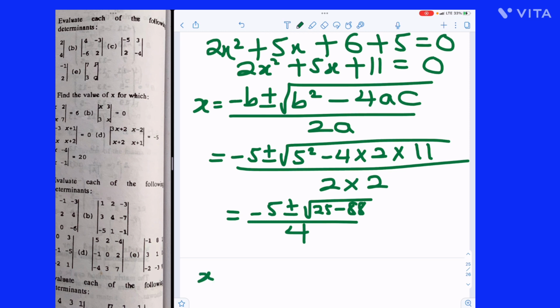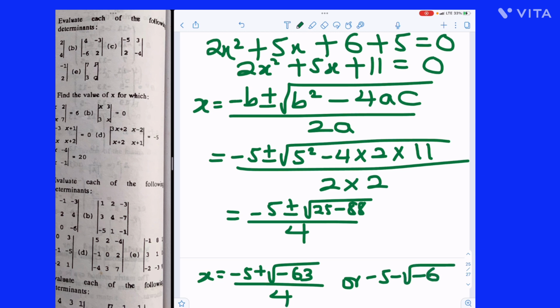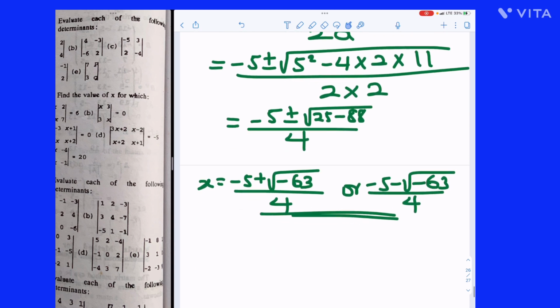So I can say my x is minus 5 plus or minus root 25 minus 88 over 4. What does that give me? That's minus 63, so x is minus 5 plus or minus root minus 63 over 4. Those are my values of x for which the determinant here is equal to minus 5.